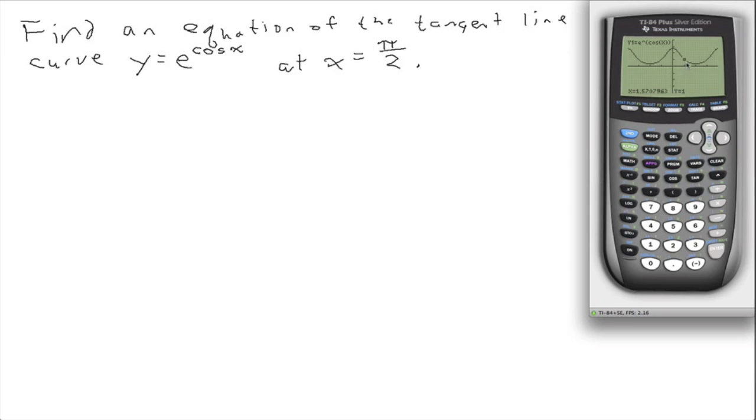Well, notice I just put myself at pi over 2, right? Right. And that's exactly what the hash mark is. So what does this hash mark stand for on the x-axis? It stands for the value of that coordinate. What is the x value of this coordinate? 1.57.